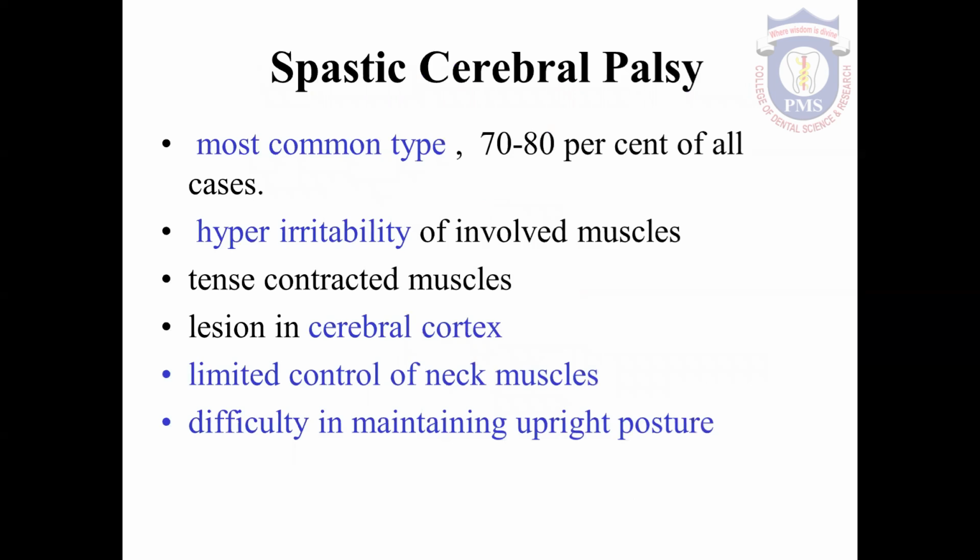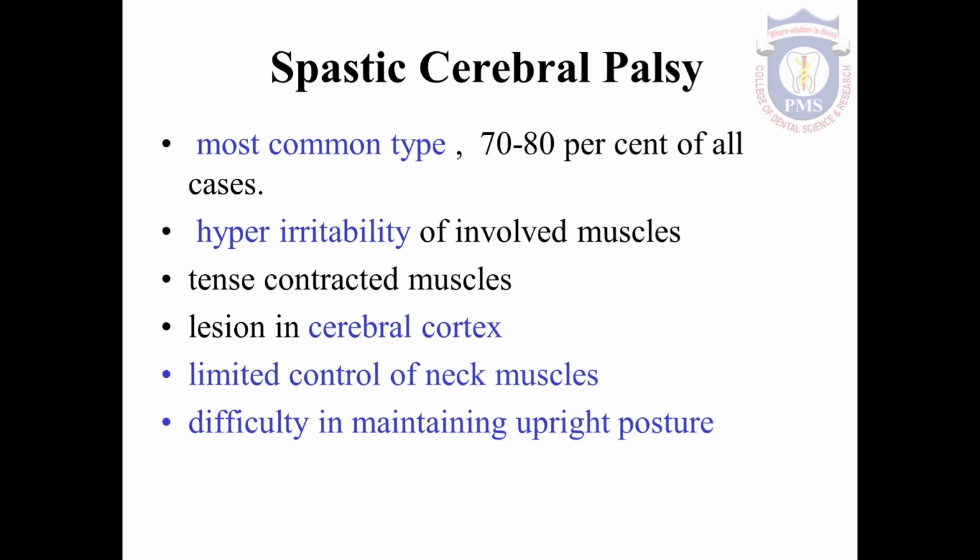So, coming to the types, the most common type is the spastic type of cerebral palsy. As the name indicates, there is spasm of the muscle, and this accounts for 70 to 80% of all cases. In the involved muscles there will be hyperirritability, and because of the hyperirritability there will be complete contraction.